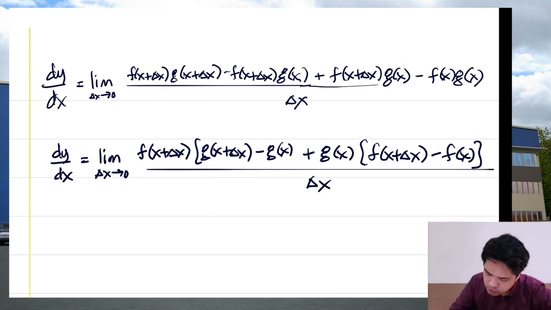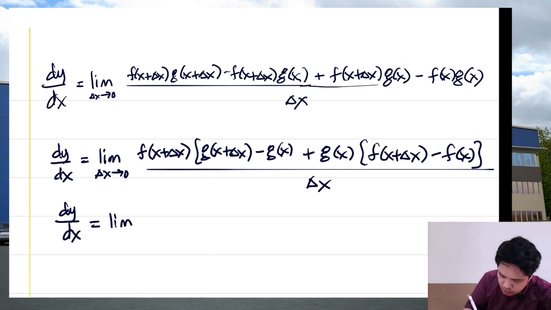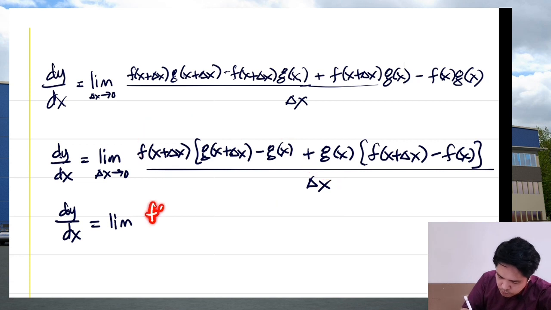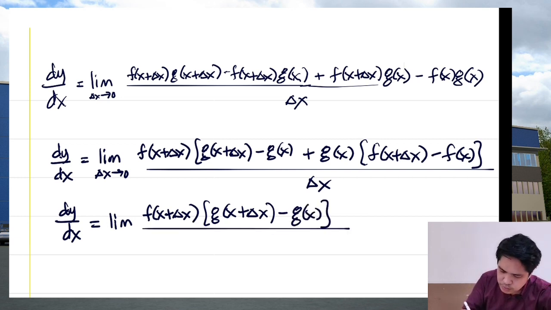Okay? So if you notice, we could rewrite this as dy over dx equal to the limit of, let's do this first, f of x plus delta x times g of x plus delta x minus g of x divided by delta x.